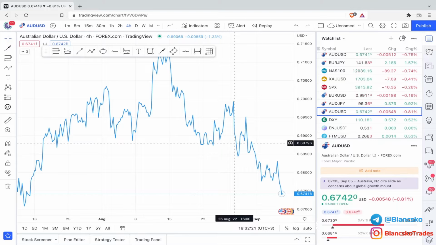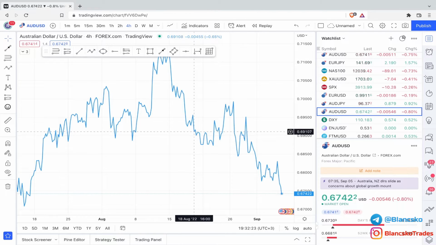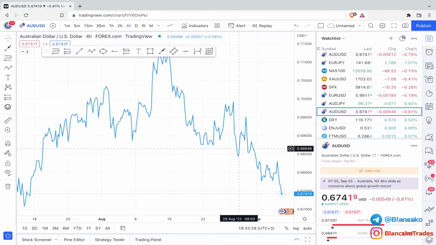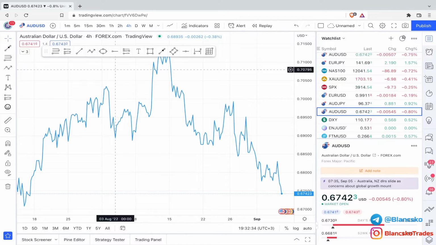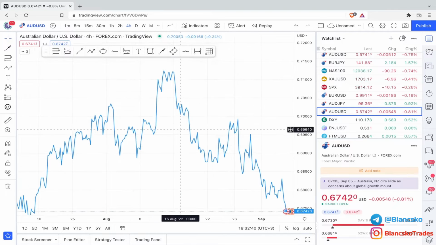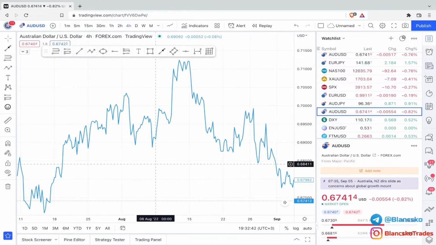Something like this is something that we don't count. This is micro structure. We only care about the macro structure. I'm just going to use the H4 as an example. You can literally read market structure on any time frame, even on the 1 minute. So let's start off by reading the structure from here.